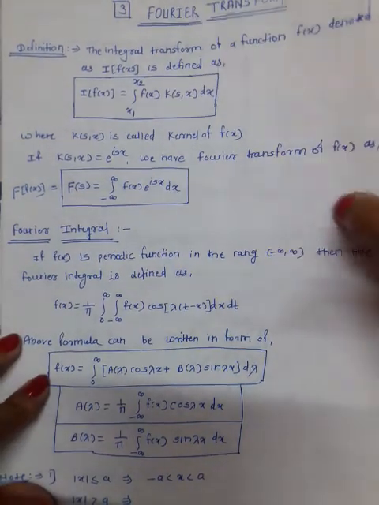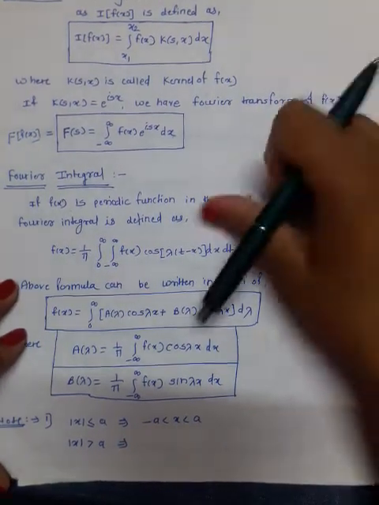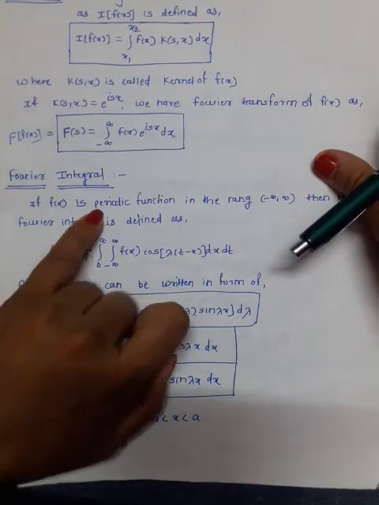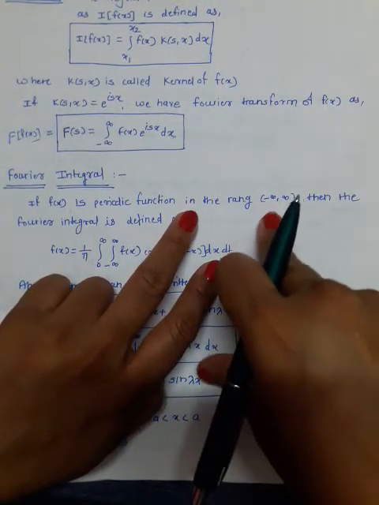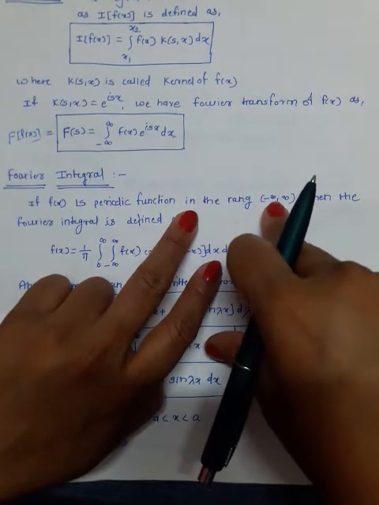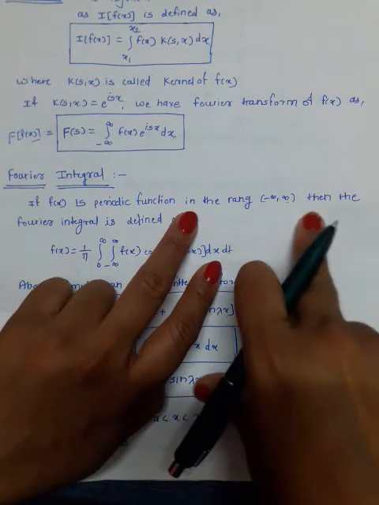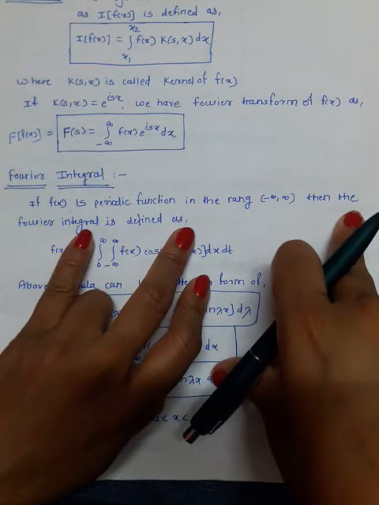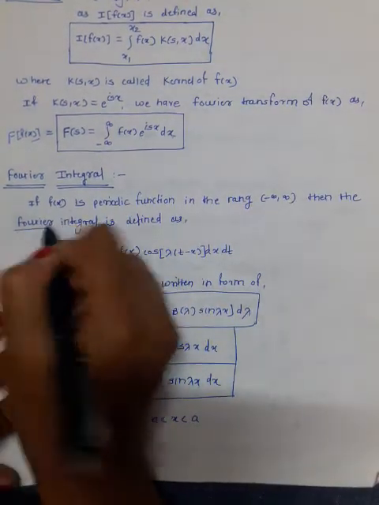Now let us see the Fourier integral definition and some notes. If f(x) is a function in the range of minus infinity to plus infinity, what is our range? It must be a real number line, that is minus infinity to plus infinity is our domain. Then the Fourier transform is different and the Fourier integral is different.